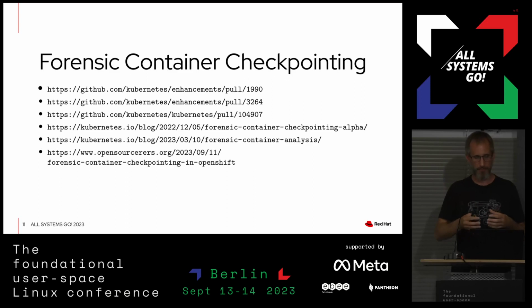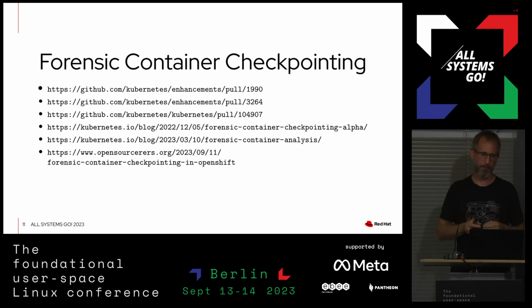The idea behind forensic container checkpointing is you have a container running on your system, and at this point it's independent if it's Kubernetes or Podman or Docker or whatever container engine you have which creates your checkpoint, because all the things I do later in my demo you can basically do with any container or even just a process. But the idea is your container, your process is doing something which it should not do, at least you believe it should not do, but you don't want to look too closely at it.